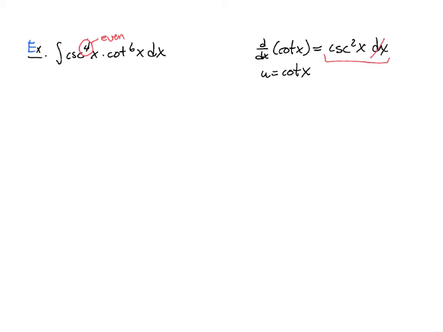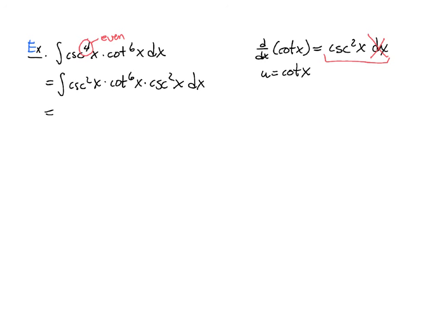Of course, there shouldn't be a dx there yet. Two powers of the cosecant for my du, and the remaining powers of cosecant I can get rid of using the Pythagorean identity. So we'll rewrite this as the antiderivative of cosecant squared x cotangent to the sixth x cosecant squared x dx.